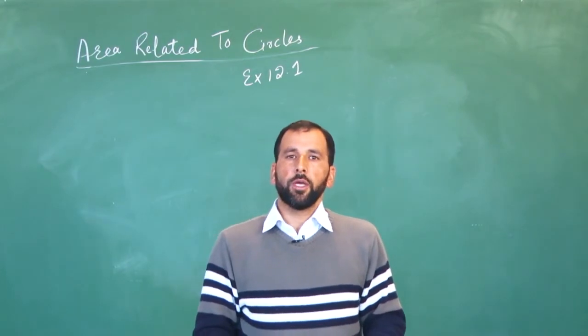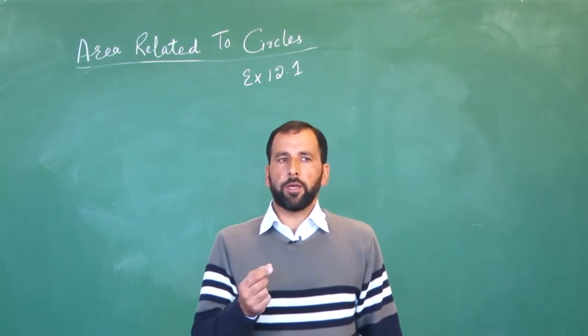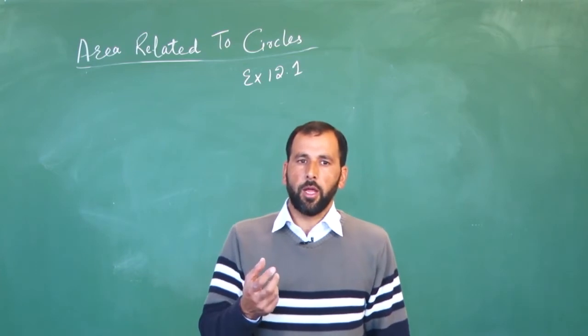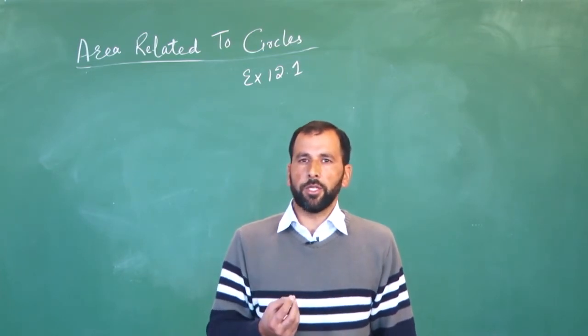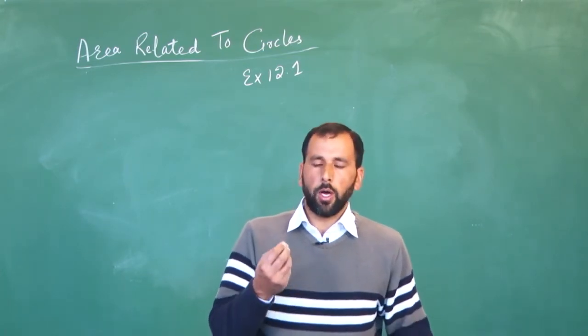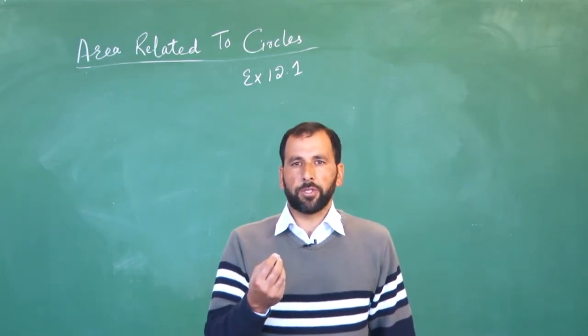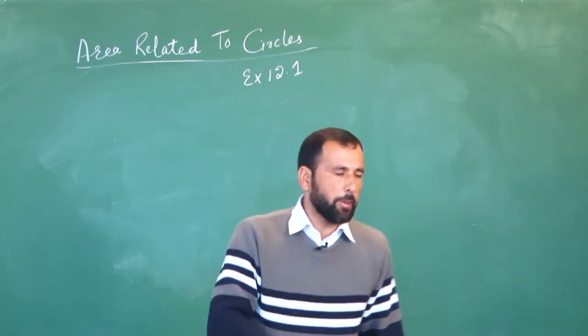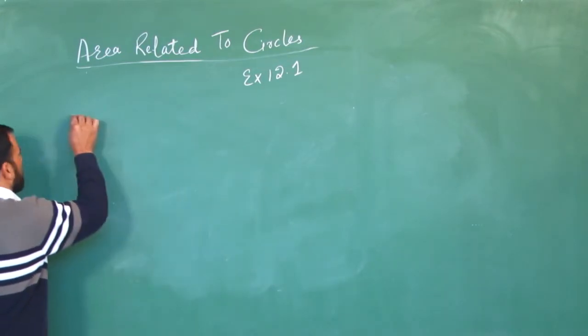So the question is, the wheel of a car, we know that the wheel is in the shape of a circle and the diameter of the wheel is 80 centimeter. So we can write the diameter of a circle is equal to 80 centimeter.